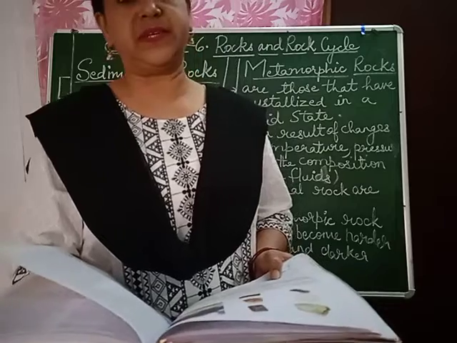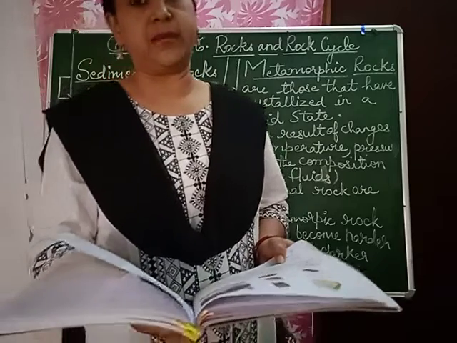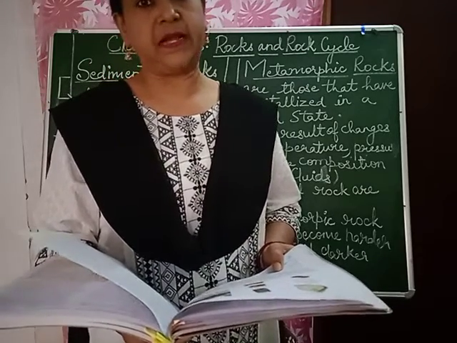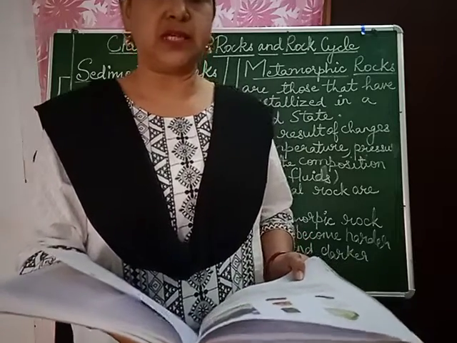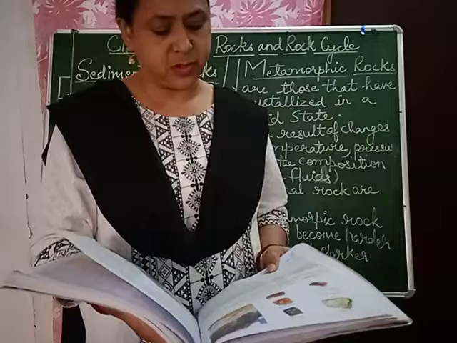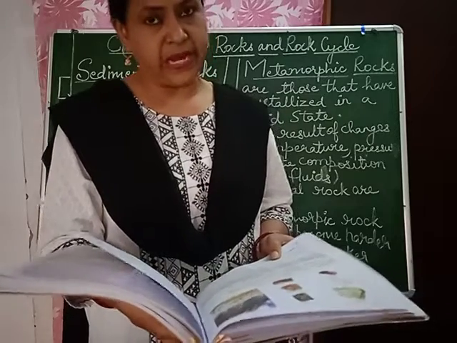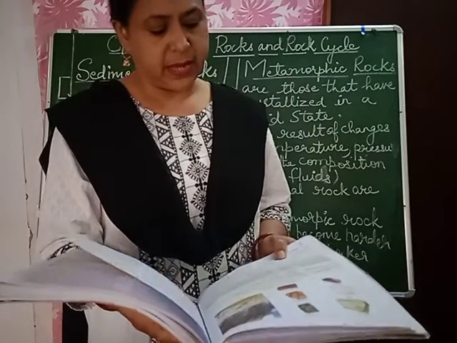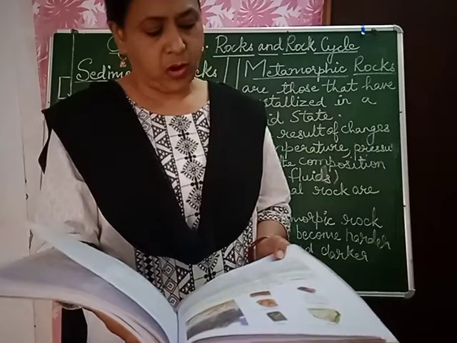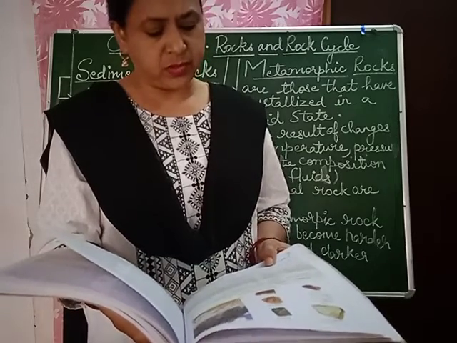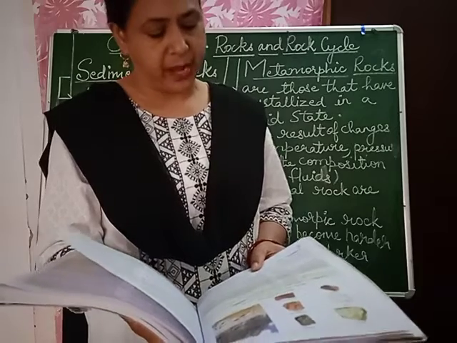So, the materials which are existing at that particular place combine together and mix up and make a new component that is called the new mechanical sedimentary rocks. Examples of mechanical rocks are conglomerate, sandstone, siltstone, and shale.